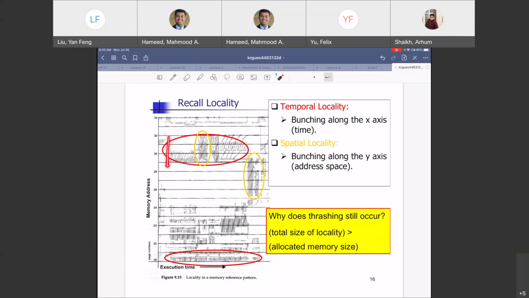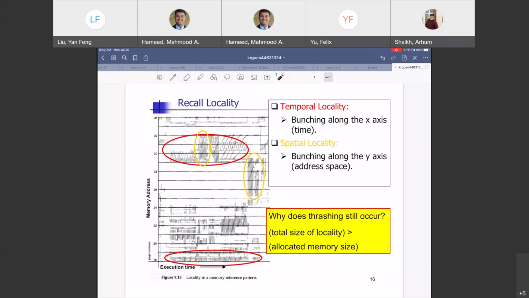You see over here, that is the size of my temporal locality. What about here? Bigger than that, right? So if I started off with this number and allocated that many frames, I could have a scenario where my temporal locality for that process changes over time.